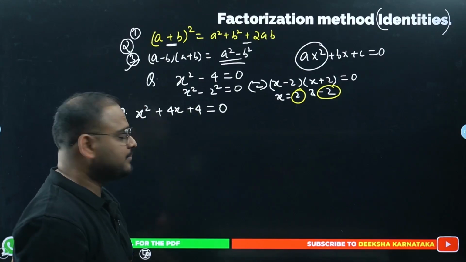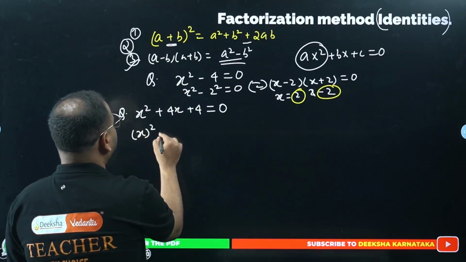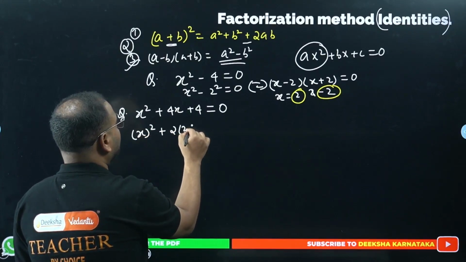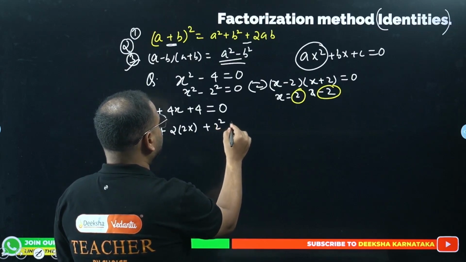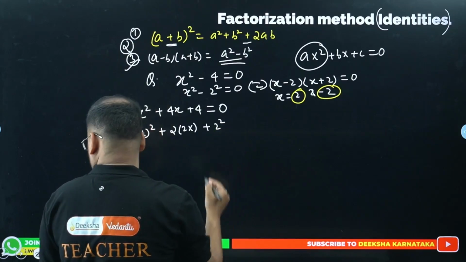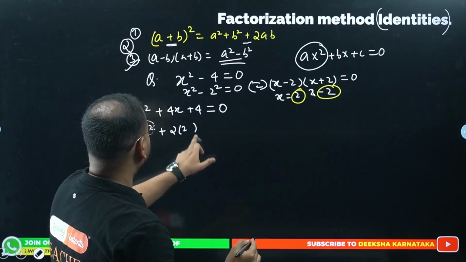Can you see the pattern here? Yes, you can see x the whole square plus 2 times 2x plus 2 square. I did not write the entire form here. Let me complete it.